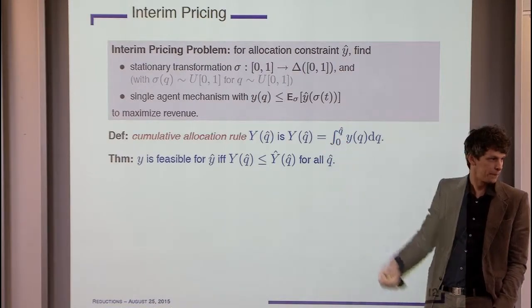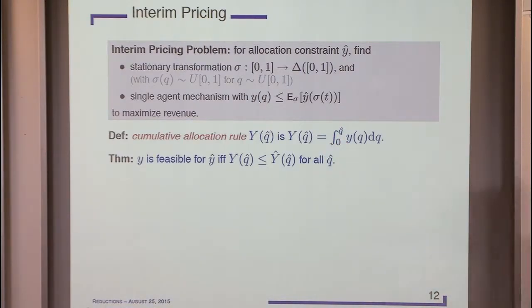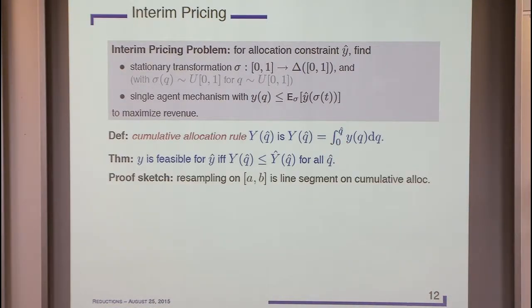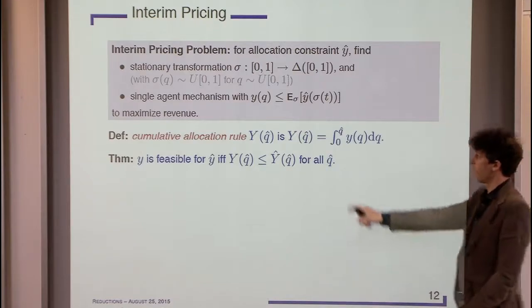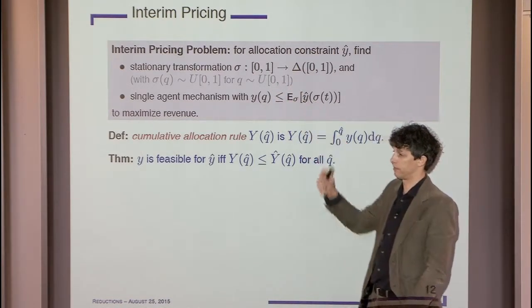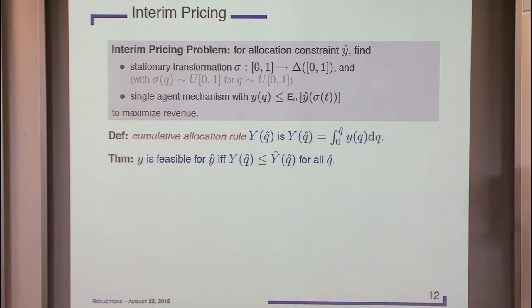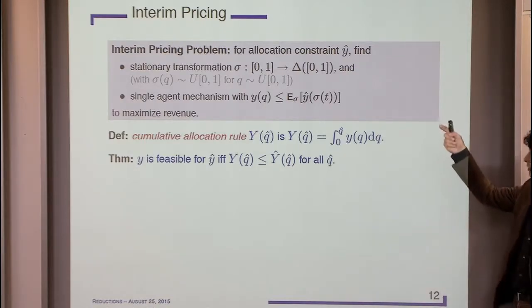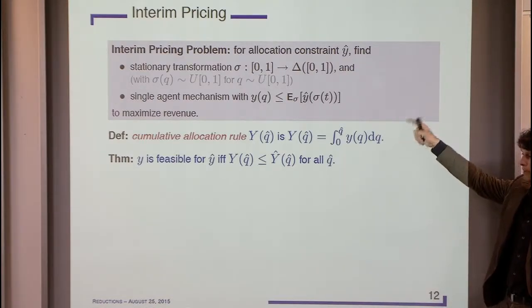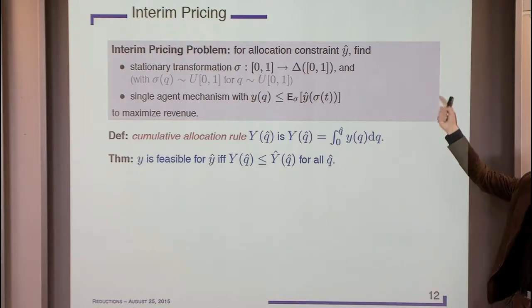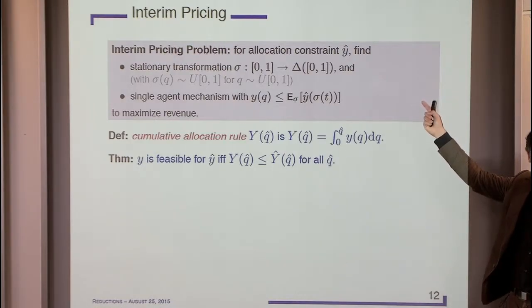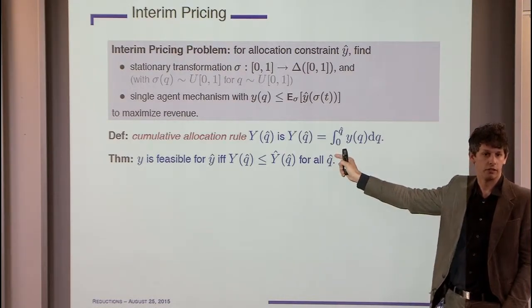Okay, it's like a majorization property, for those of you who know what that means. So the definition of feasible is there exists sigma such that the second point holds? Yes. So you'll say y is feasible if there exists sigma such that this is true. Okay. The theorem is that these are the same things. So if you found that definition confusing, you can just take this as the definition.